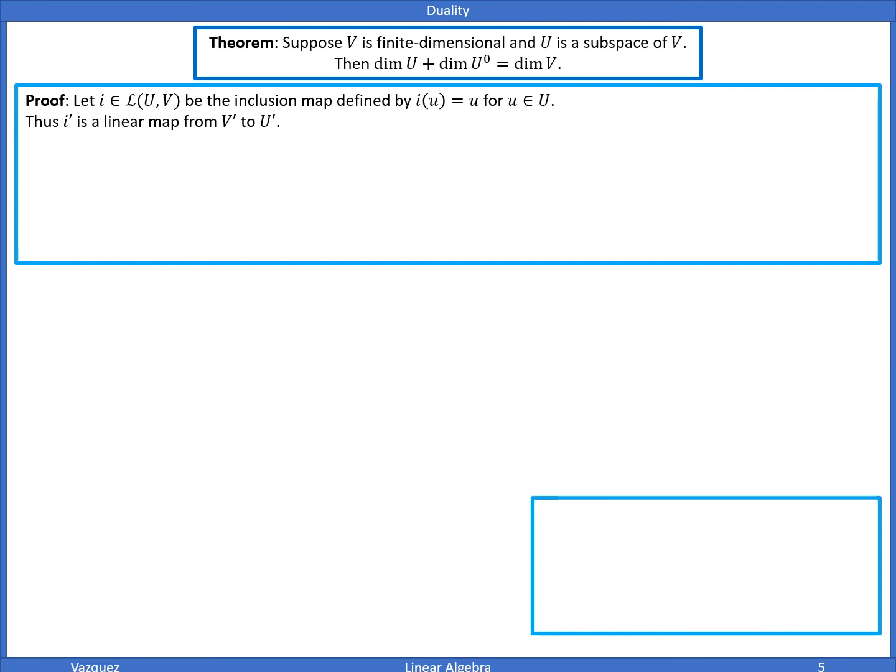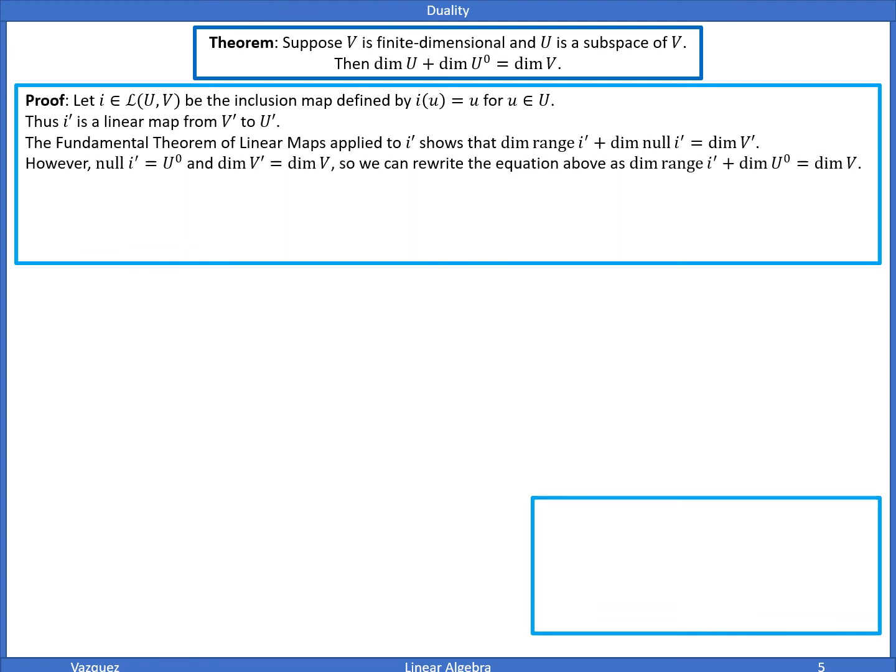And now we can apply something that we've been applying a bunch. The fundamental theorem of linear maps tells us that the dimension of the range of I prime plus the dimension of the null space of I prime is equal to the dimension of the dual space of V. Now here we can note that the null space of I prime is the annihilator of U, right?